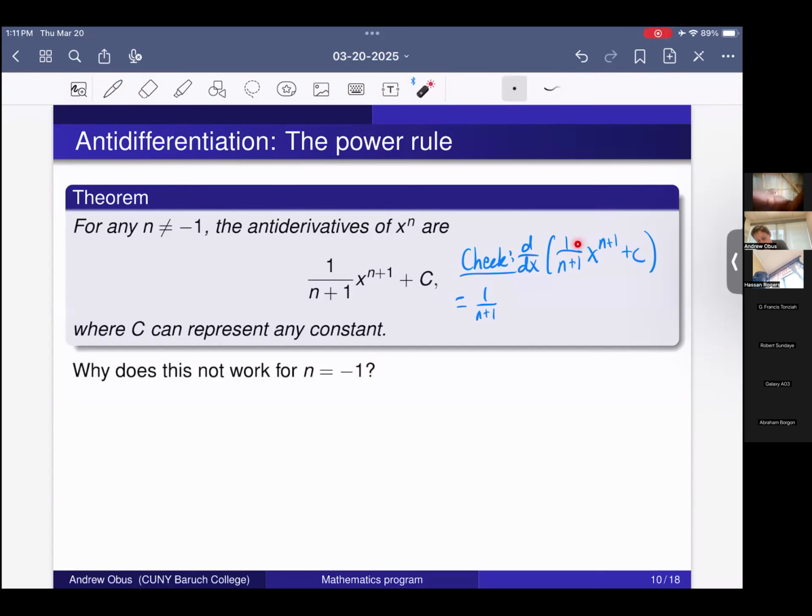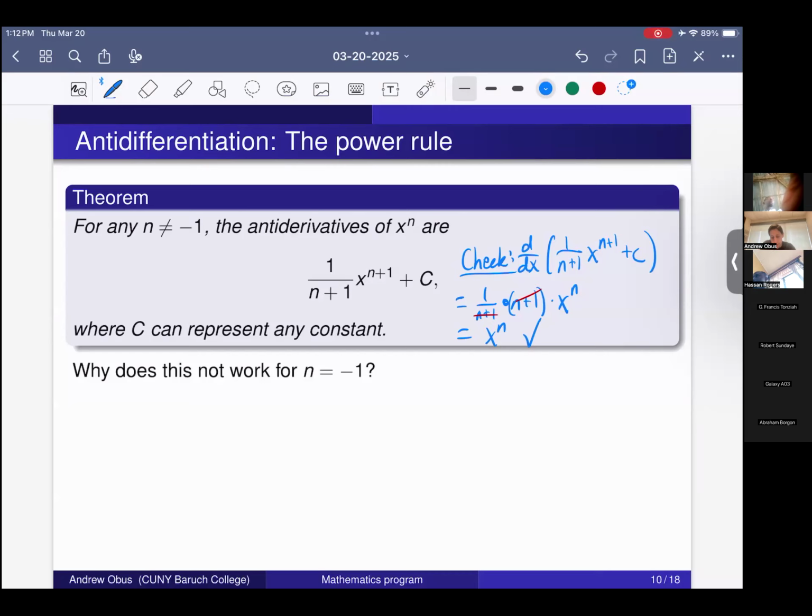Here, the n plus 1 comes down, so it's times n plus 1. And then the x to the n plus 1 decreases by 1 by the power rule. So we just have x to the n, right? X to the n plus 1 becomes n plus 1 x to the n. And then the c just disappears. That just becomes 0. And now we see that this simplifies to x to the n, right? So this is good.